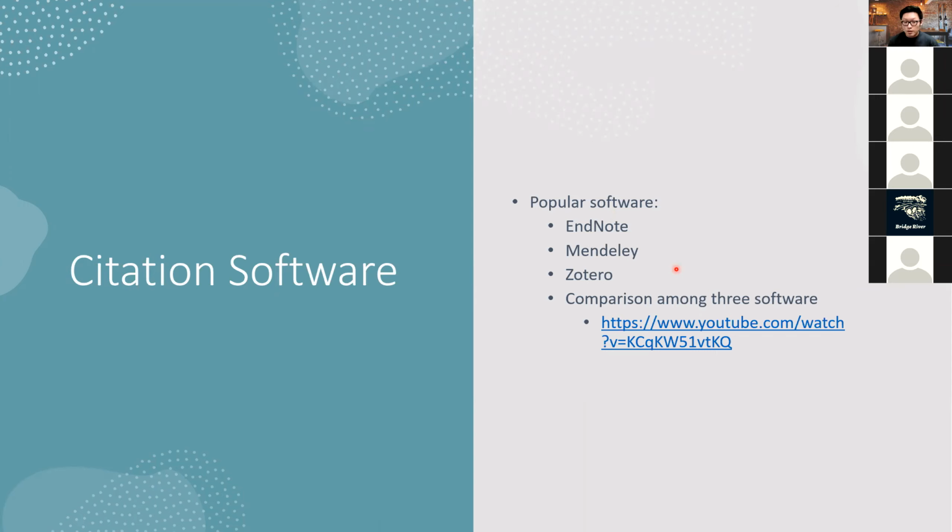It's free, but I personally don't really know what's the biggest difference between these three. But I would love to give you this website where they compare and contrast this software quite nicely, in my opinion. So take a look at it if you want. As I'm going to upload this video, you will be able to get access to this link. So please take a look at it if you want to pick and choose among the three of them.